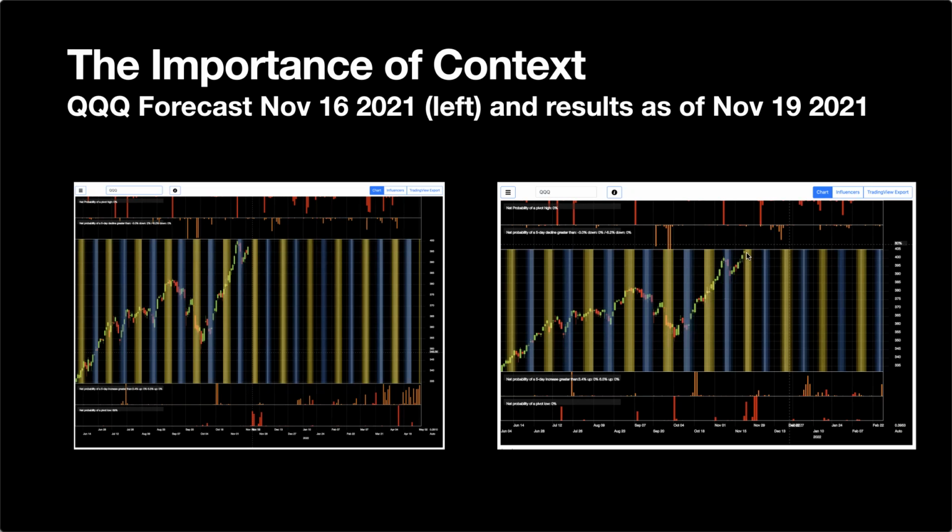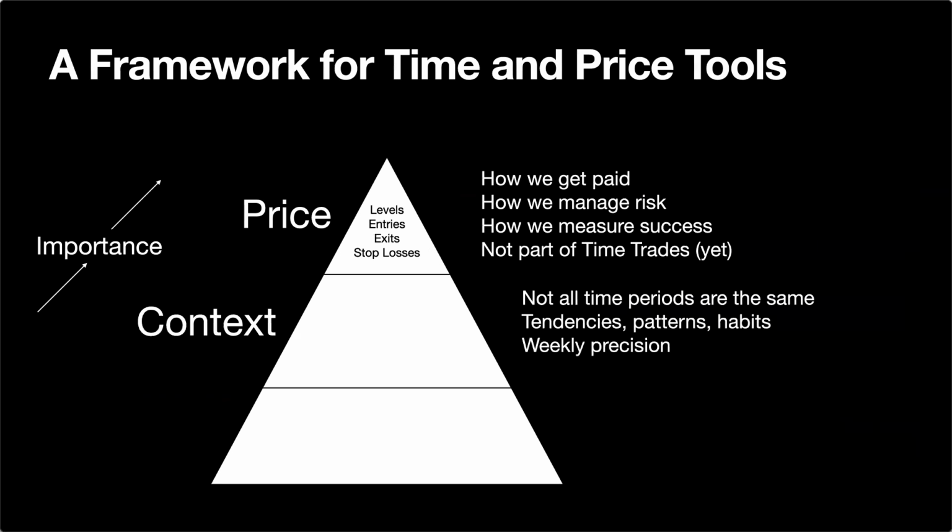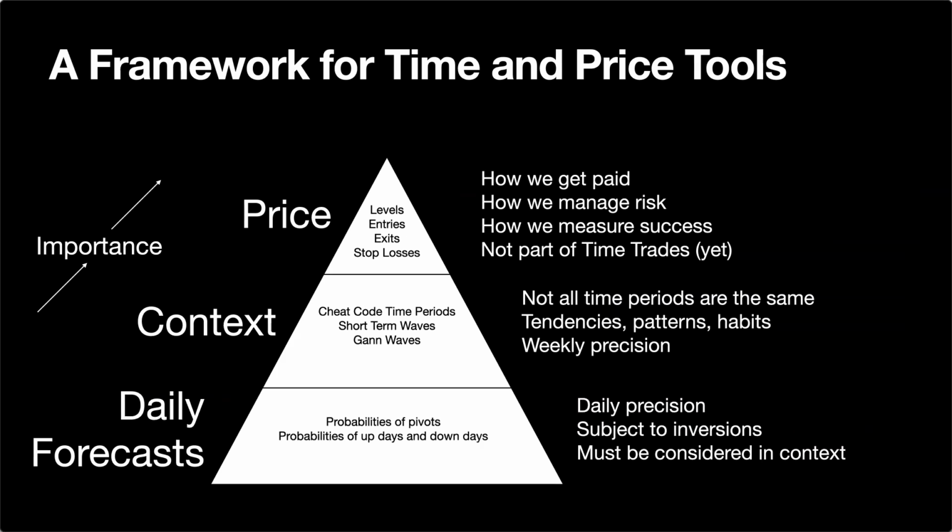So this is why it's so important to take advantage of these context tools that exist within Time Trades, because 6 out of the 7 Gann wave yellow periods ended up being highs on the Qs. That is why I put contextual tools as being more important than the daily forecast.